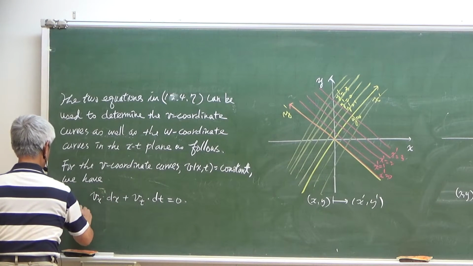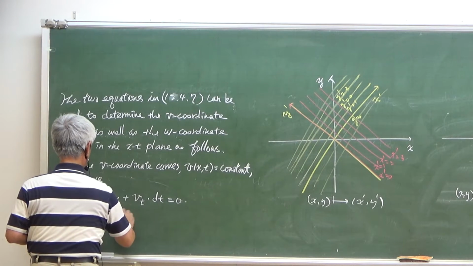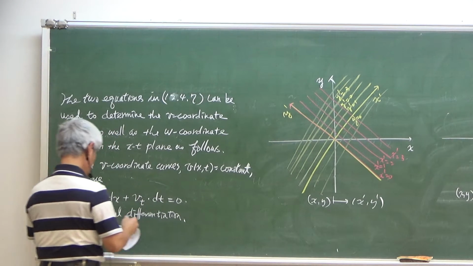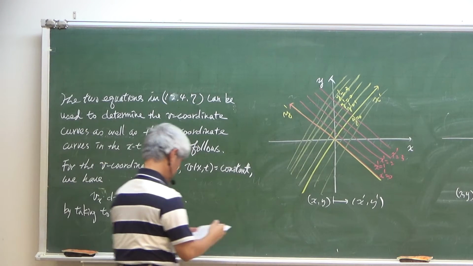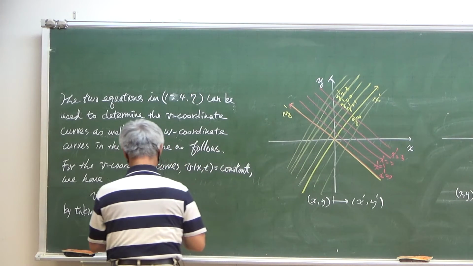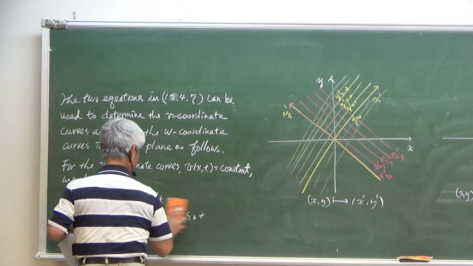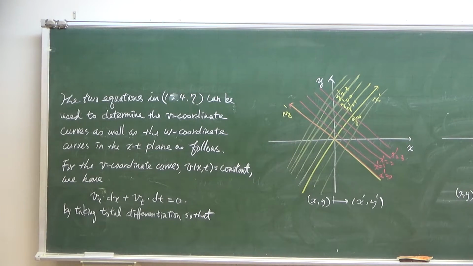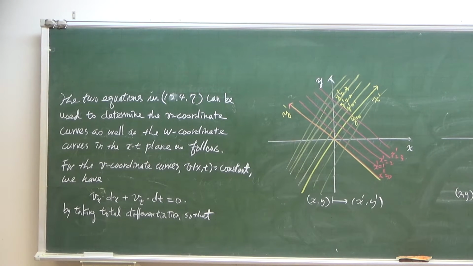Right, so by taking the total differential, we get dx/dt equal to minus Vt divided by Vx.